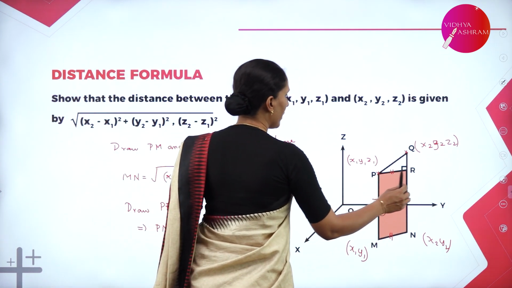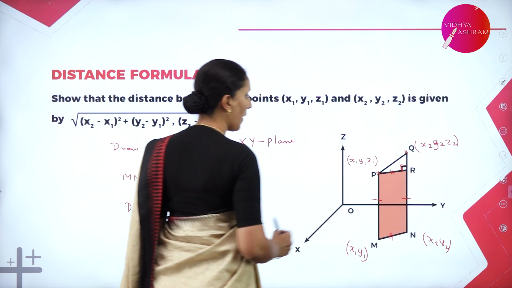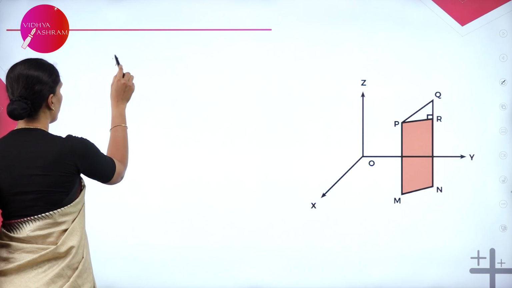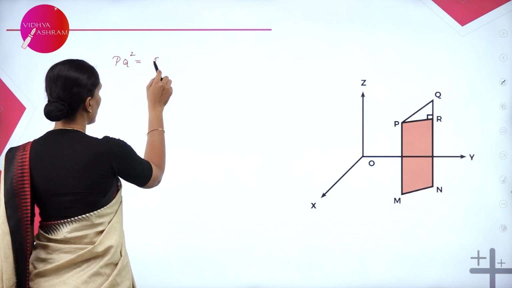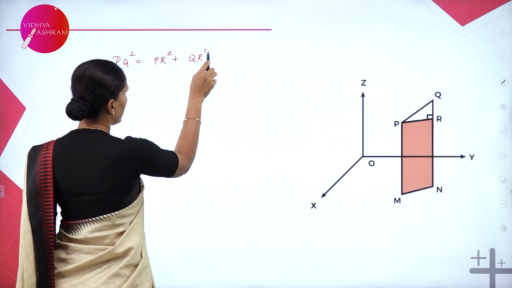Now, here I said this is a perpendicular. So consider the triangle PRQ. By Pythagoras theorem, we can write PQ square is equal to PR square plus QR square.